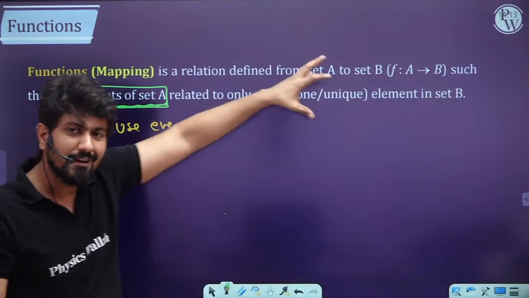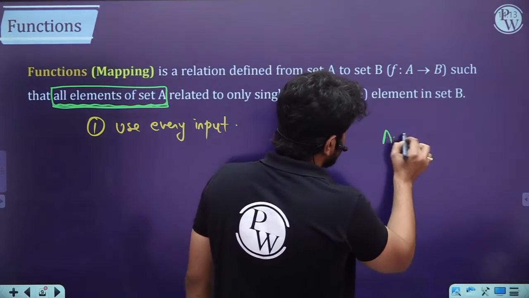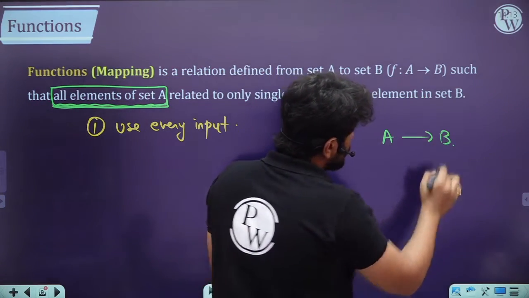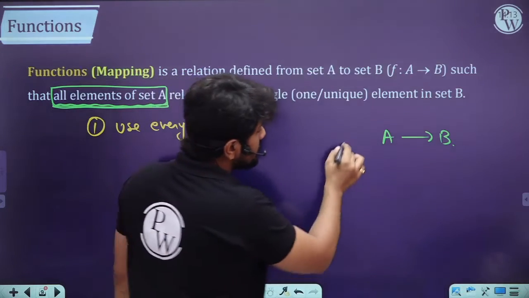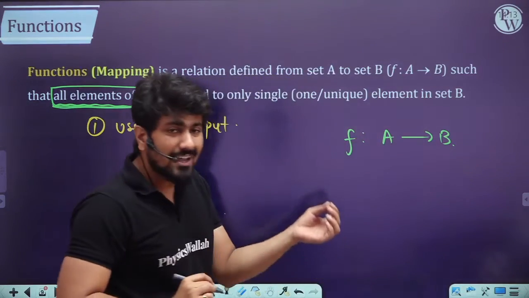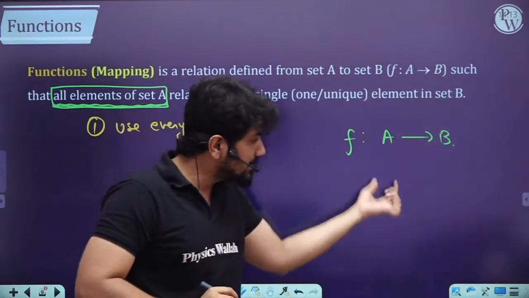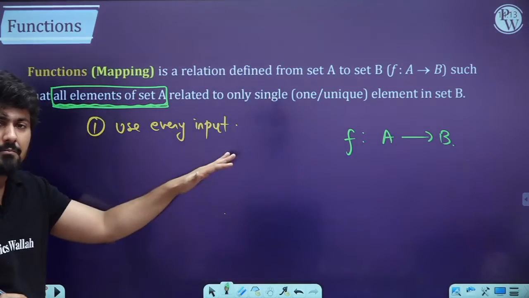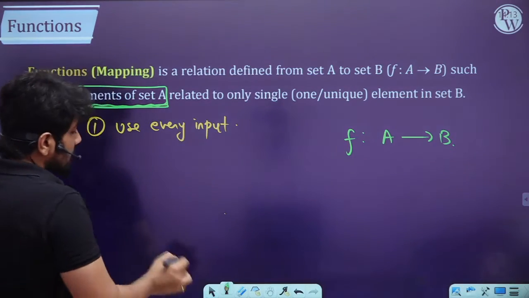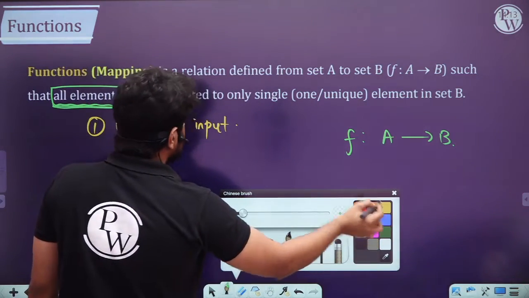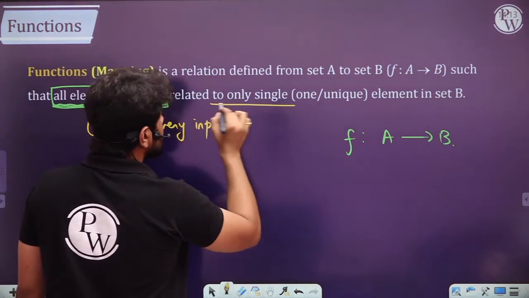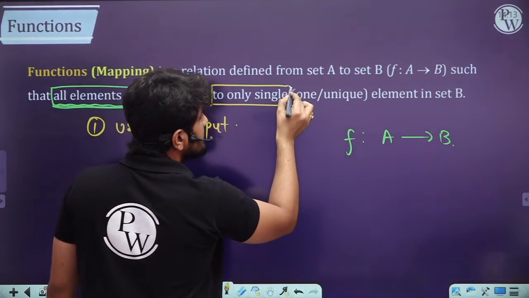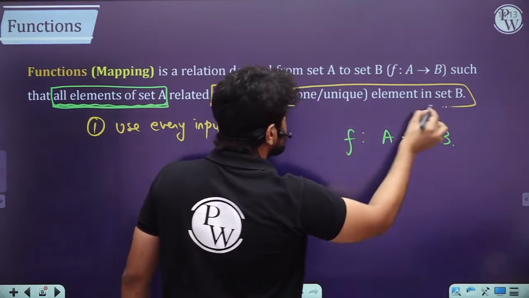If I want to define a function from set A to set B, I will be using all the inputs, all the elements of set A. So basically, use every input. Each is related to only a single element in set B. This is the second condition.